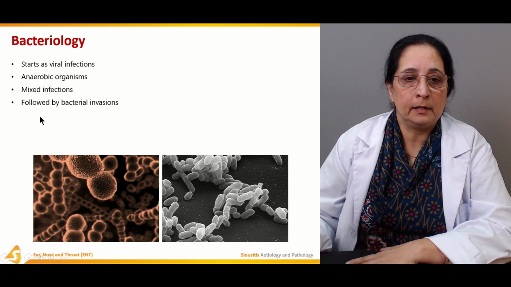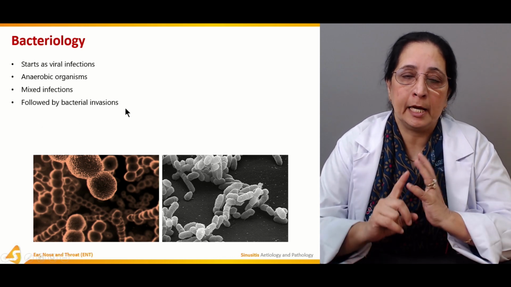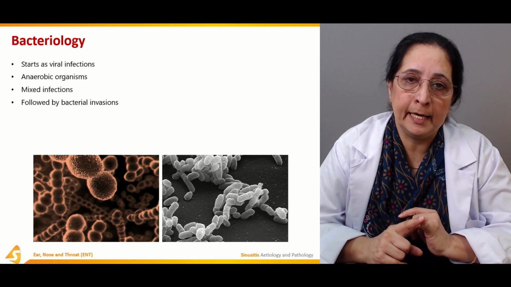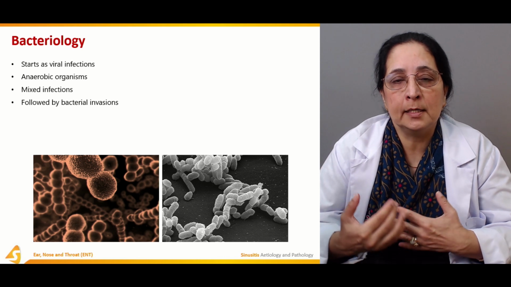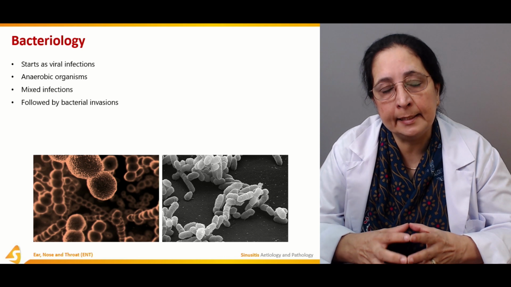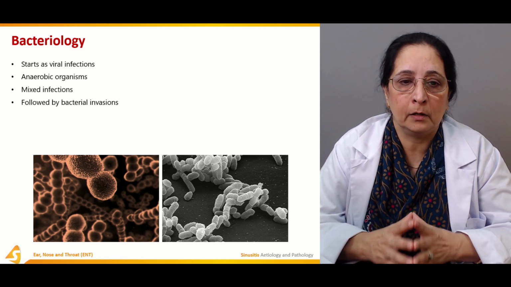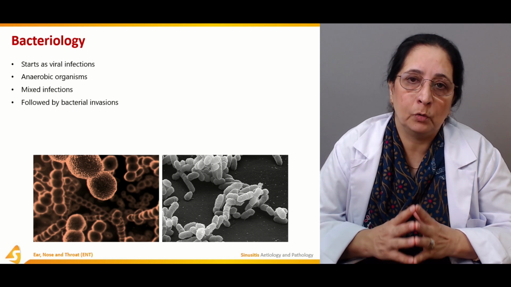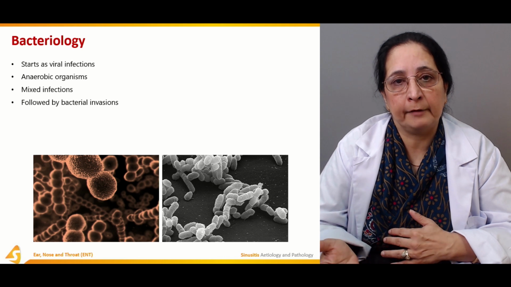Then we have bacterial invasion. So sinusitis first begins as a viral infection. Then there are superimposed bacterial infections, which are also anaerobic organisms which can grow without oxygen. They can cause infections.